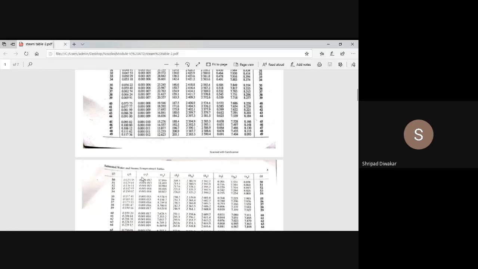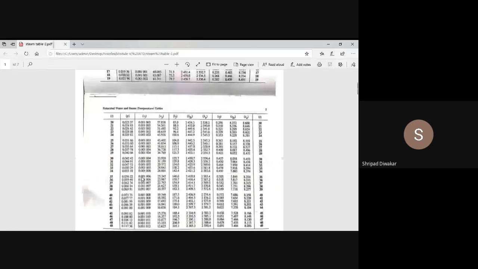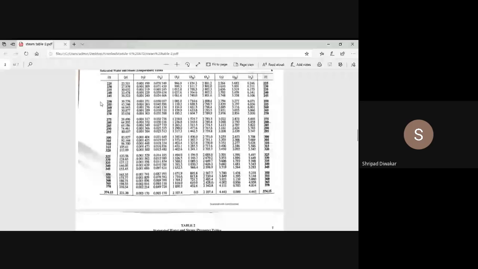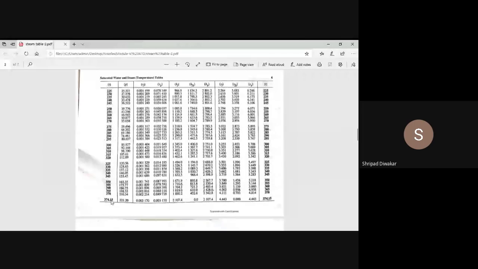It starts from 0 degrees Celsius, and the maximum range goes up to 400, 500, up to 374.15. I already studied this; it is called absolute zero temperature. So you can find the properties of steam at any temperature.